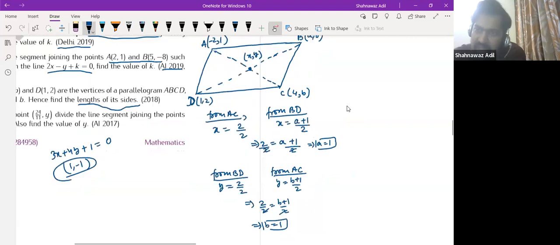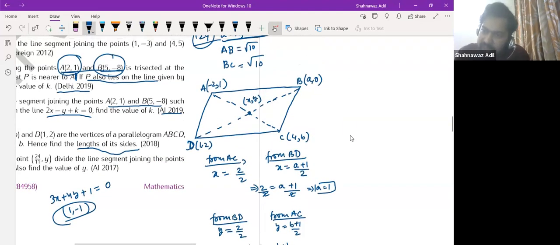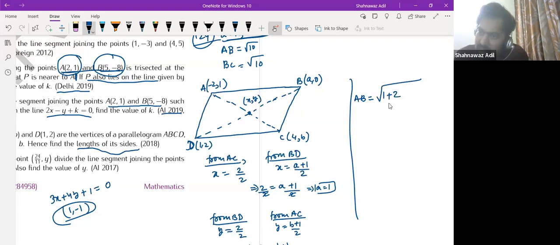If we have A as 1, then AB would be how much? AB would be 1 plus 3 square plus 1 square. This is 9 plus 1, 10. And then BC is how much?